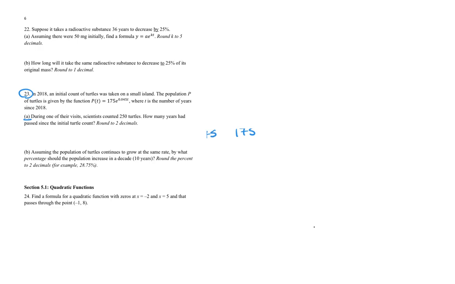And then 250 over 175 simplifies to 10 sevenths. So we have 10 sevenths equals e to the power of 0.045t. And then we just need to take the natural log of both sides. So we get natural log of 10 sevenths equals 0.045t, natural log of e. Again, the natural log allows me to bring that exponent in front.